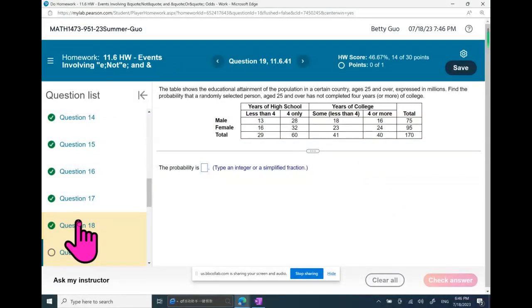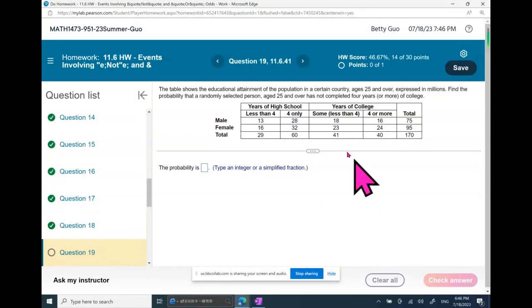Find the probability that a randomly selected person has not completed 4 years or more of college.